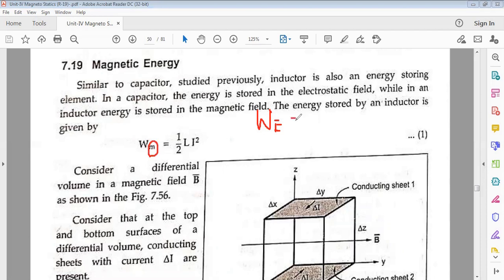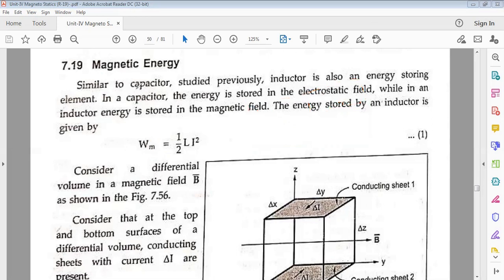Now the magnetic energy is 1 by 2 Li square, where C is the capacitance there. Here we are finding out the inductance and the current.